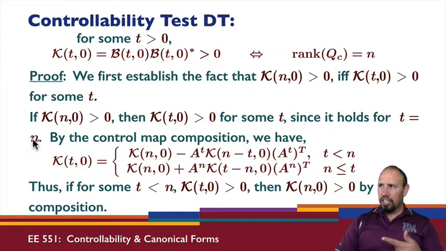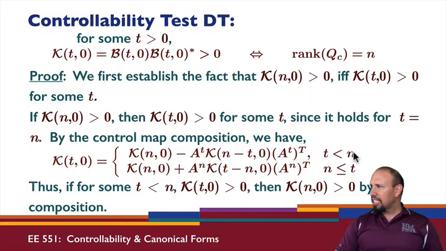So that's that direction. So notice we're proving if and only if. So we've proved this side now. Now we're going to prove the other direction. Now, recall that the control map has composition rules. And so you can show that the controllability Gramian up to time t can be given by either of these two expressions, depending on whether t is less than n or t is greater than or equal to n.